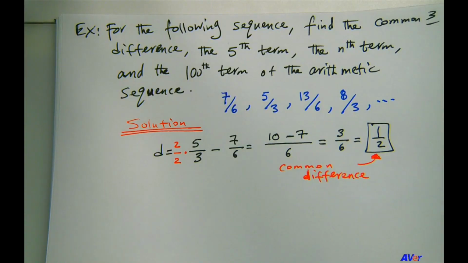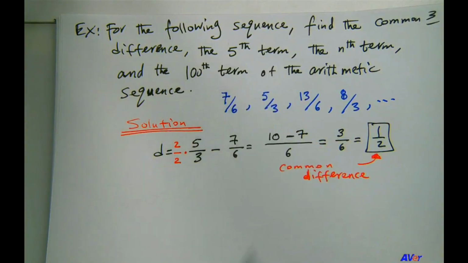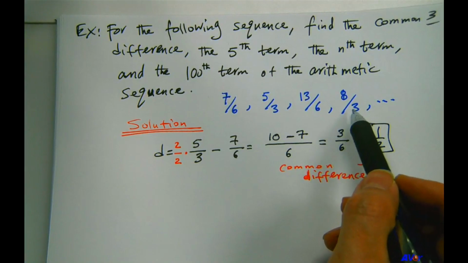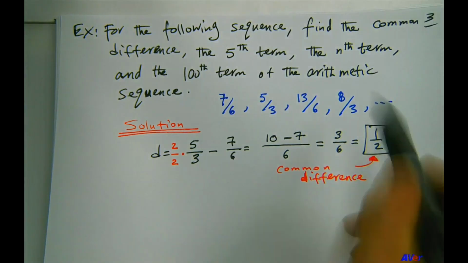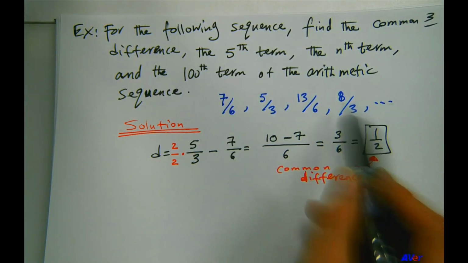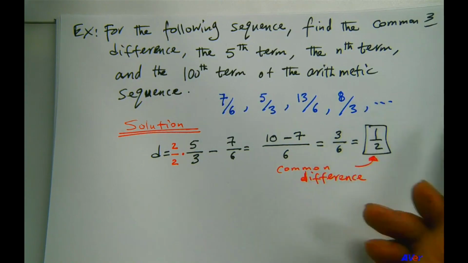Okay, so what else do we need to find? We need to find the fifth term. The fifth term should be easy to find because we can find it in 2 ways. We can either find the fifth term by adding 1/2 to this, and it'll give us the fifth term.